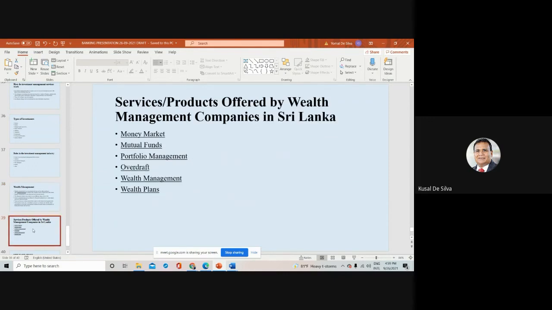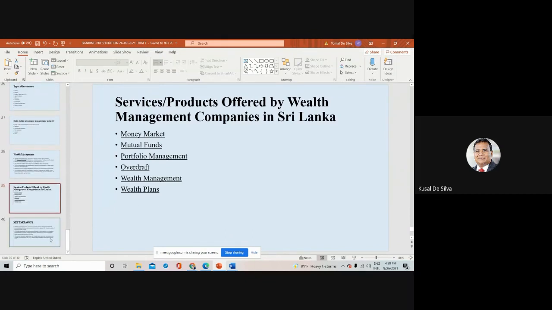These are the general services available for wealth management: money market, mutual funds, portfolio management, overdraft. Wealth management in the sense that sometimes you manage their estate as well, wealth plans. These are offered by these different organizations, banking arms, for their individual clients, private clients, and institutional clients.